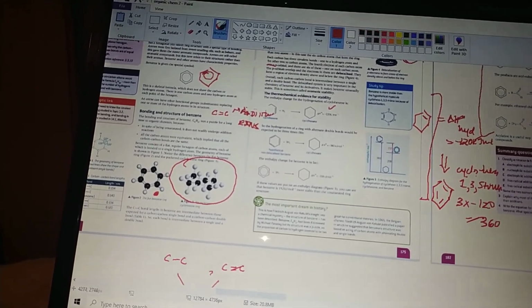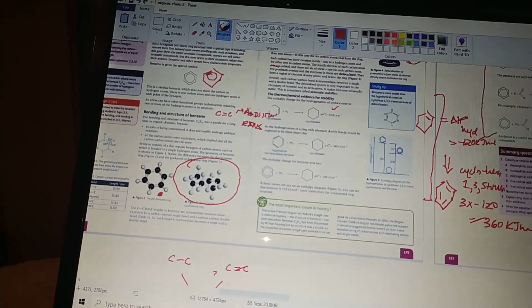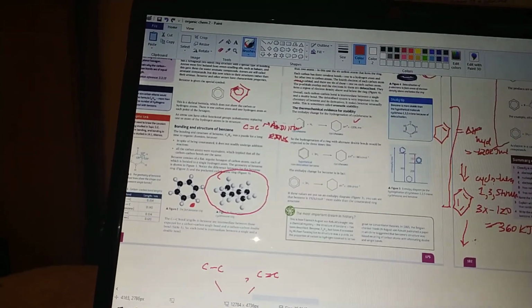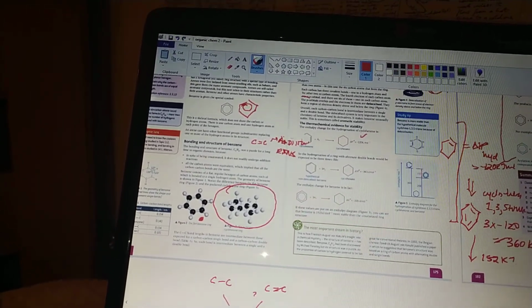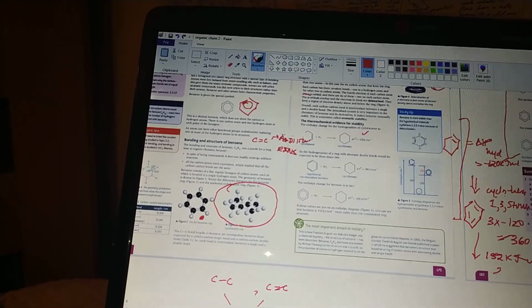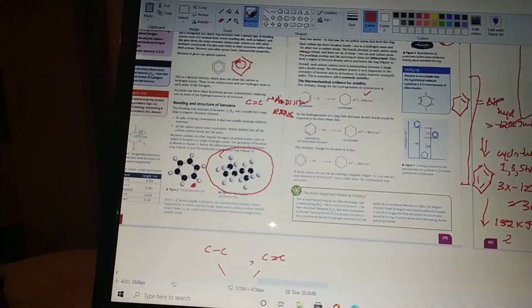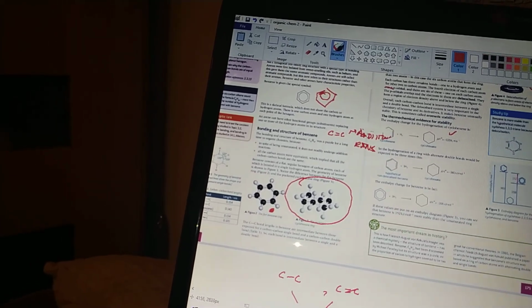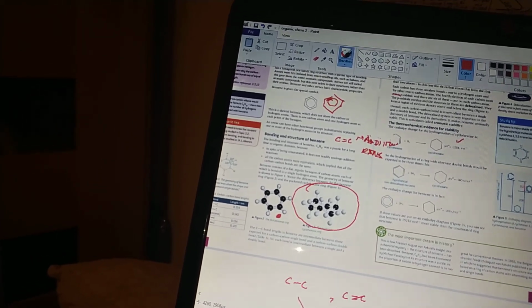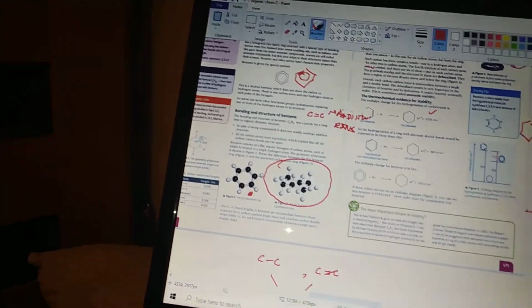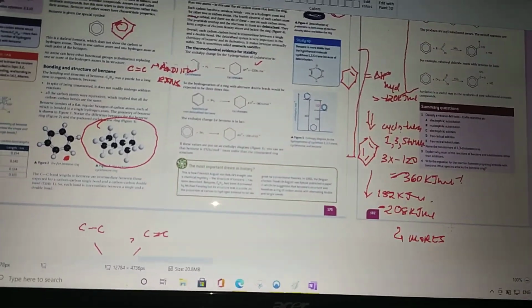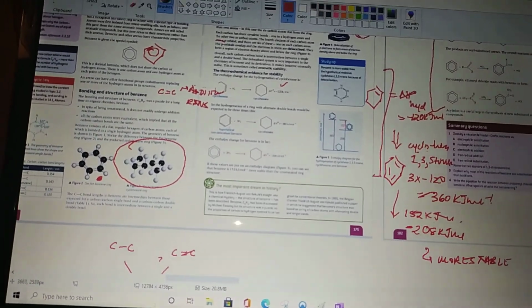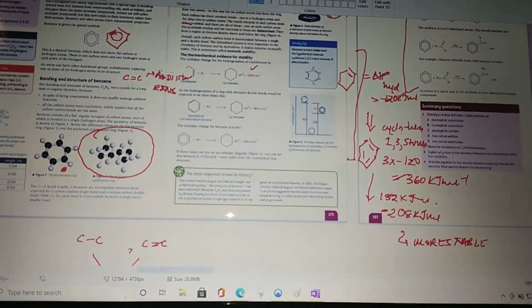But actually the Kekulé structure led to it being 152 kilojoules per mole less, giving the answer of 208 kilojoules per mole, proving it to be more stable. As you can see in the diagram here.